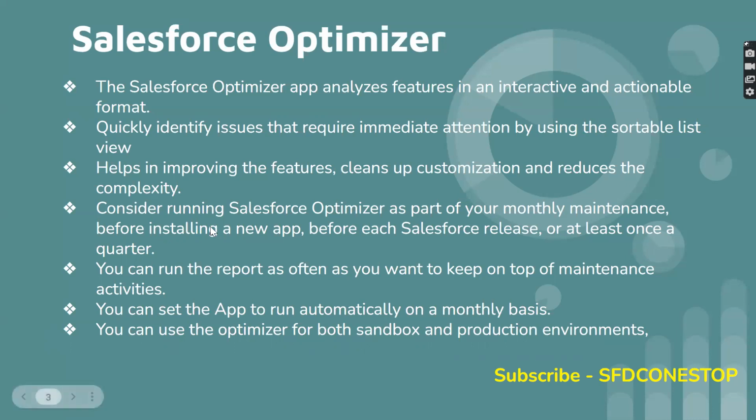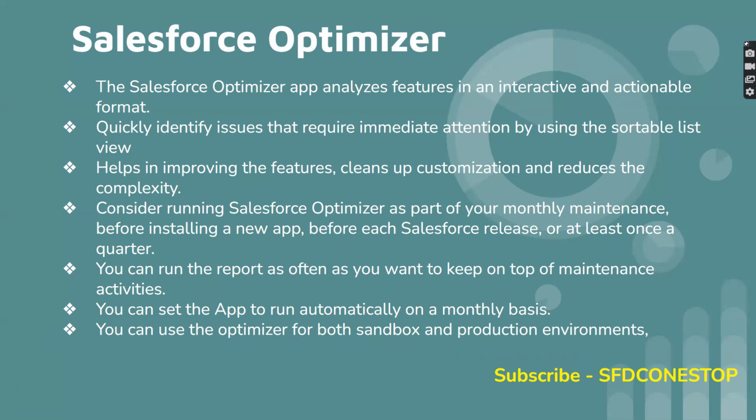You can also consider running the Salesforce Optimizer as part of your monthly maintenance, before you install a new application, before each Salesforce release, or at least once a quarter. You can run the report as often as you want to keep on top of the maintenance activities. You can set the application to run automatically on a monthly basis, or if you want to run it manually, that is also something which you can do. I will walk you through it in a while.